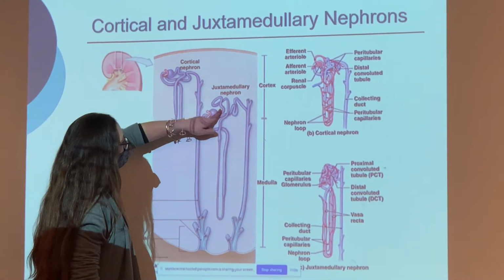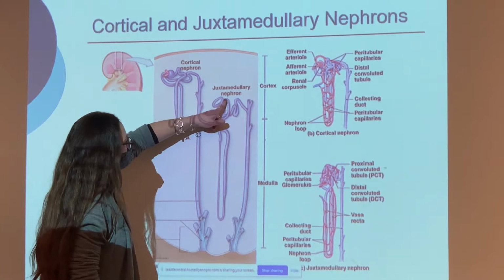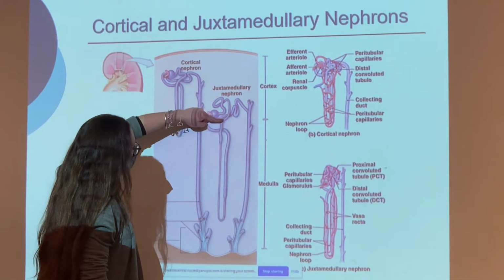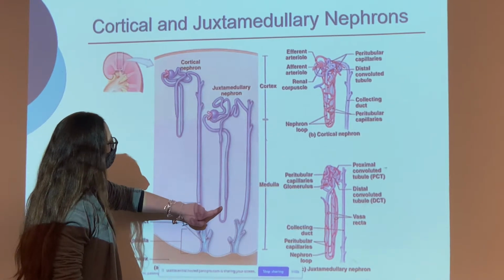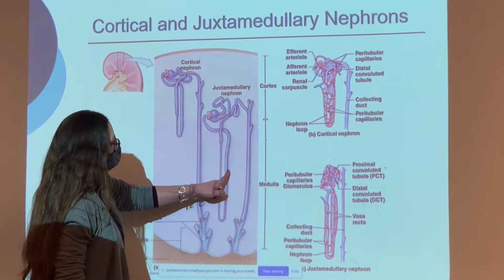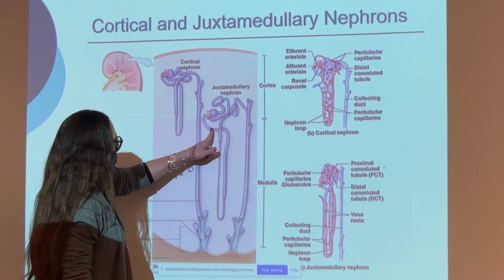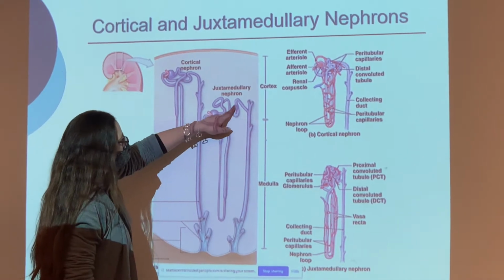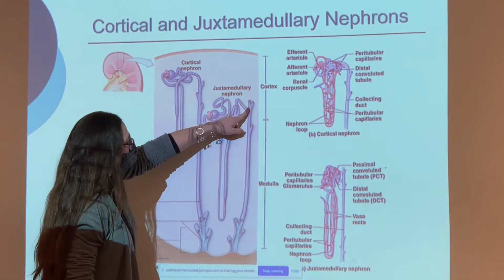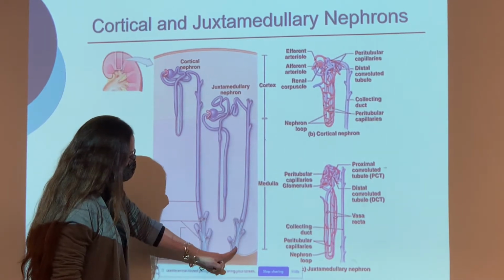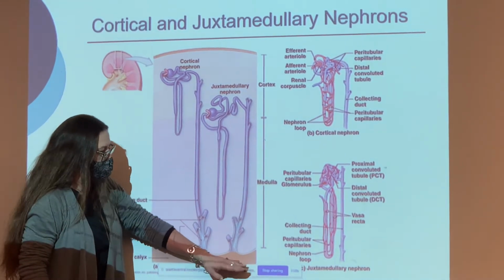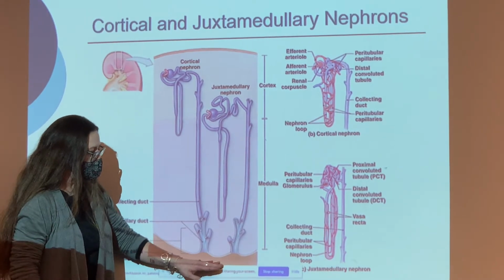That filtrate then will travel through the PCT into the descending limb of the loop of Henle, into the ascending limb of the loop of Henle, then go into the DCT, and the DCT drains into the collecting duct, and once we leave the collecting duct, then we have urine, and that urine collects in the minor calyx.